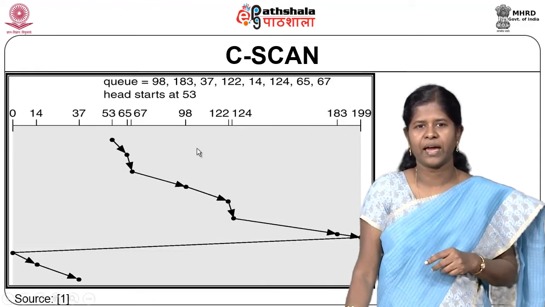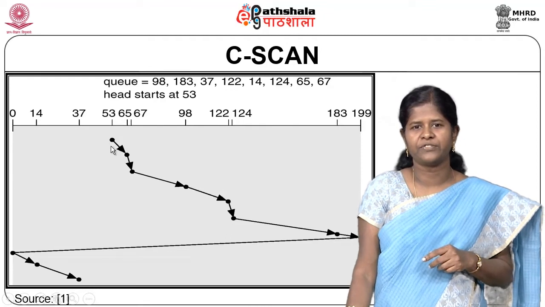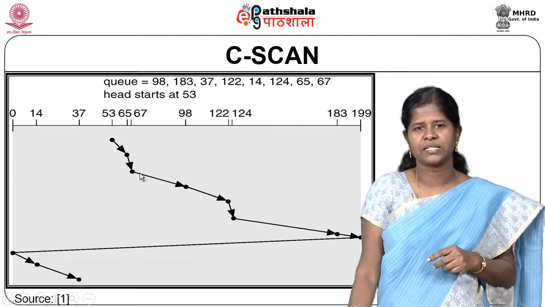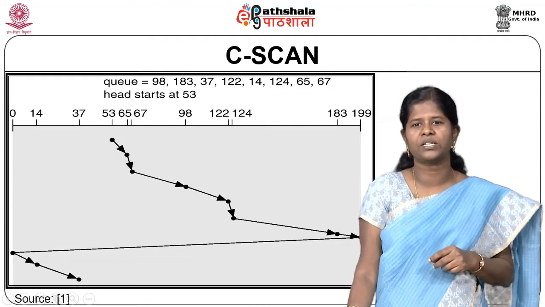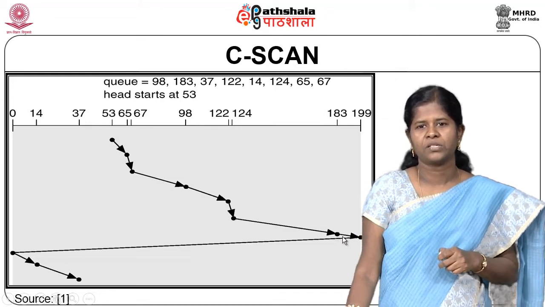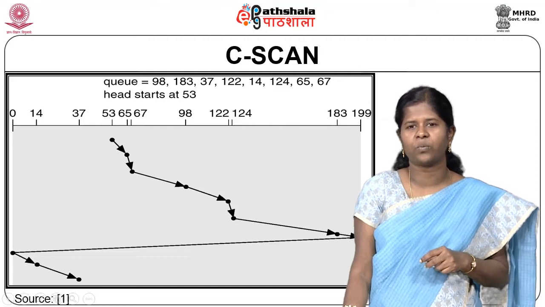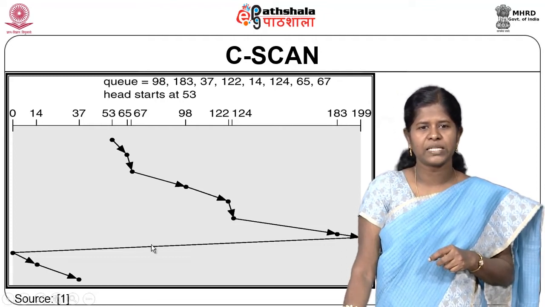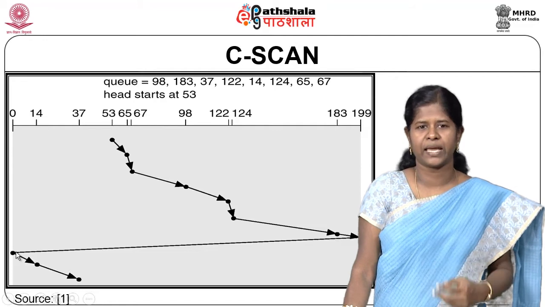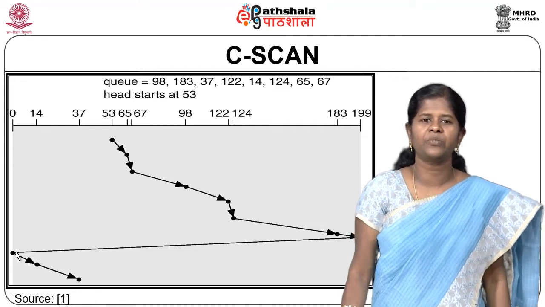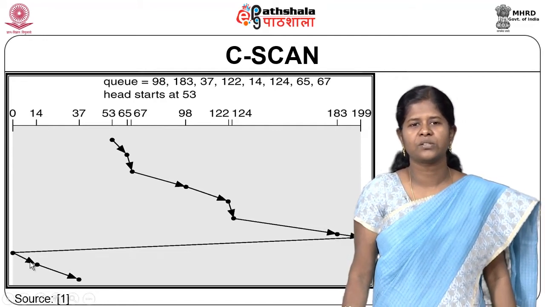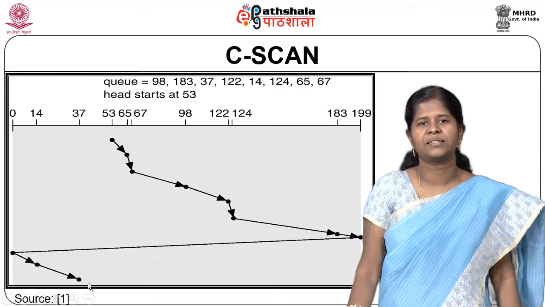Here you can see that the head is moving from 53 to 65, 67, and so on, and it goes on till 199. Till 183 there were requests, but still it moves to this end of the disk, 199. In the reverse direction it does not service any request, and then from there it moves to 37 and services requests.